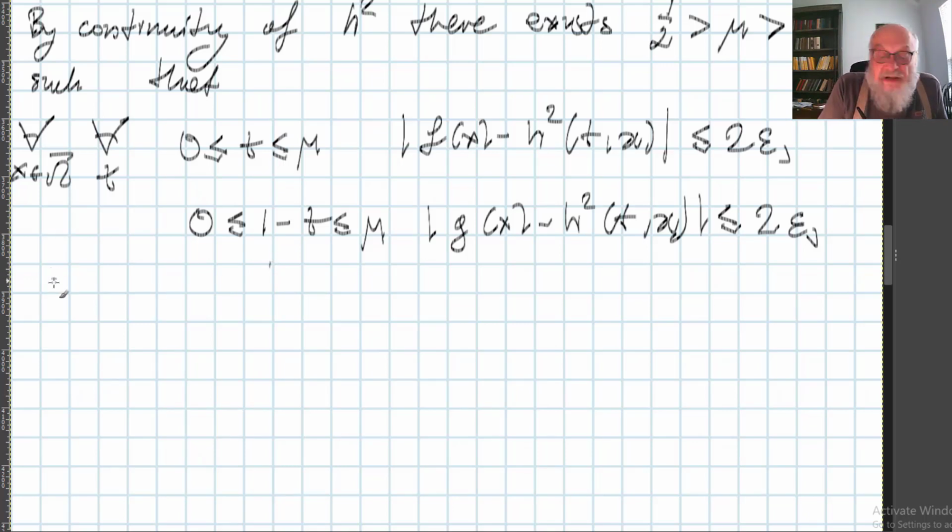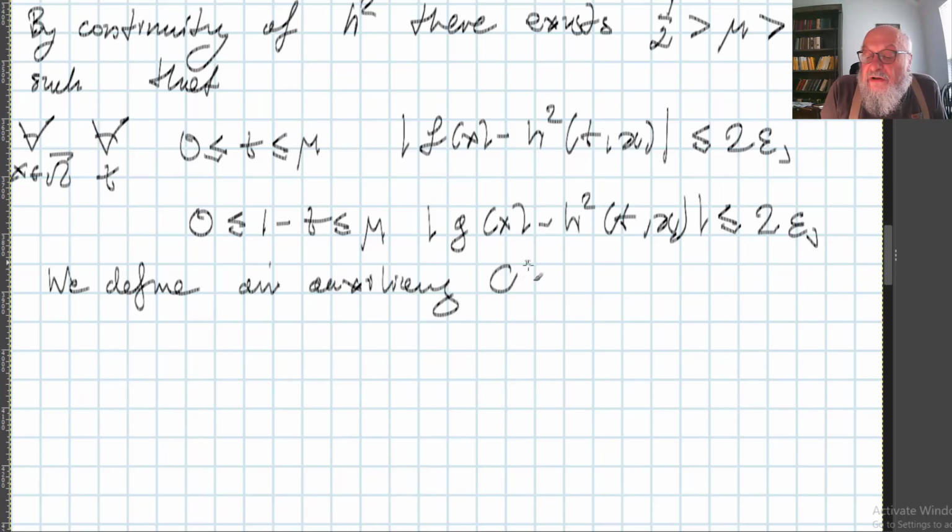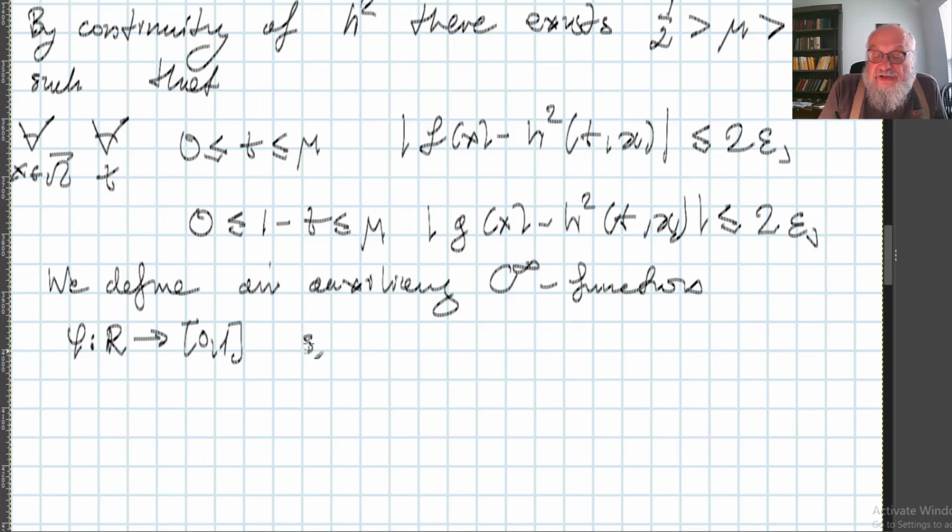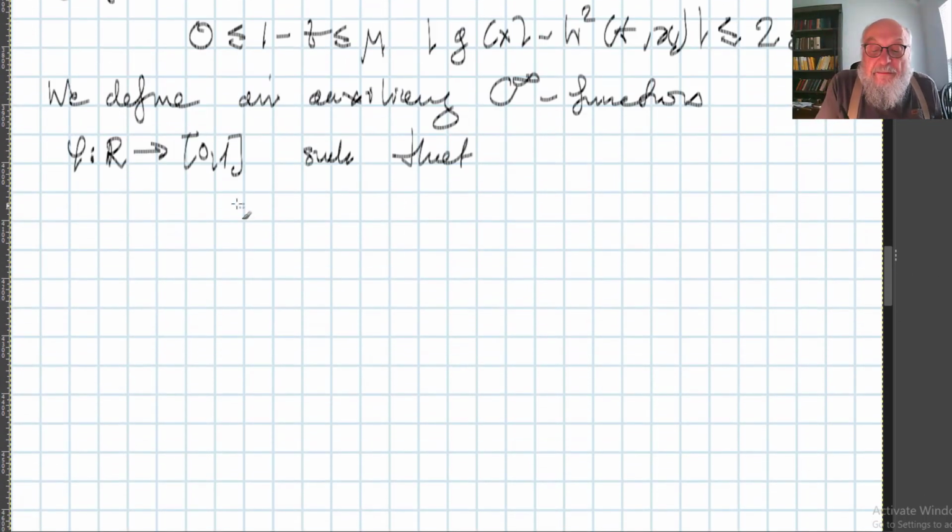So we defined an auxiliary C infinity function, and call this function phi from R to [0,1], such that this function is satisfying the properties.